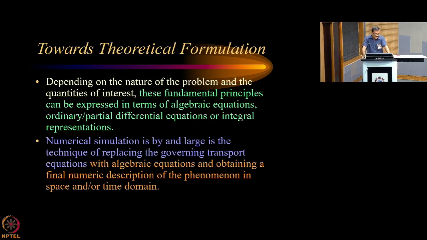Then we find the kinetic theory equations, which describe the system in a 6 plus 1 dimensional system: 3 velocity coordinates, 3 spatial coordinates, and time. It is a really complex system, and we are not in a position to handle all of it together, even with the advancement in computational resources.